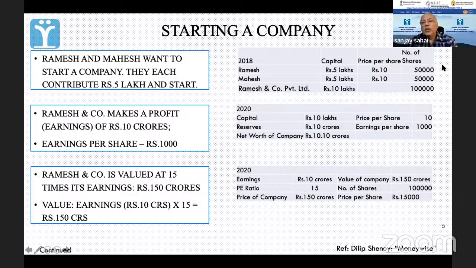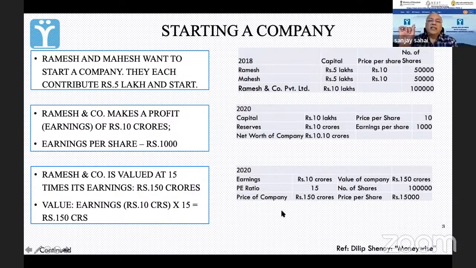Because right now you are able to get an earning per share of 1,000. So they are saying we will only take 15. Let's take 15 and let us get it started on that model. So they say that the price as a proportion of your earnings will be 15. So if the ratio is 15, the earnings are 10, then price into earnings is 150.